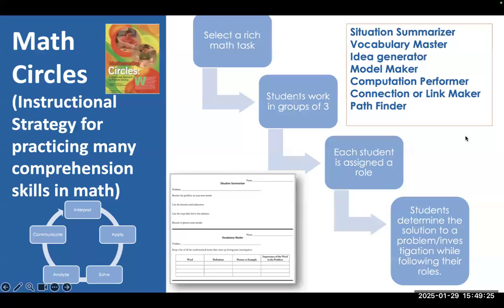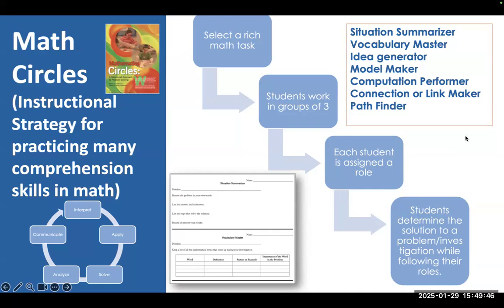Everyone has an opportunity to practice a particular role, dependent on the investigation or the task at hand. So you might not need all 7 roles at one time. Choose or select the ones that make most sense to that particular investigation.